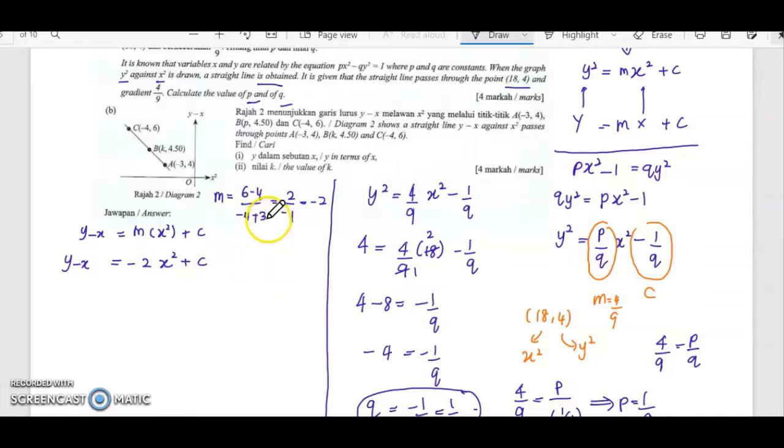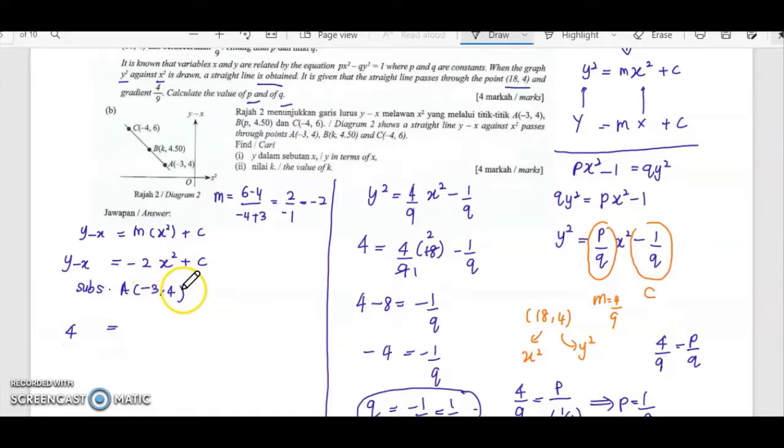So what is c? So you can choose any point also. Okay, I will choose point A. So we substitute point A, negative 3, 4 in order to get the value c. So y over x, 4 kat sini refer kepada y over x, that is 4.